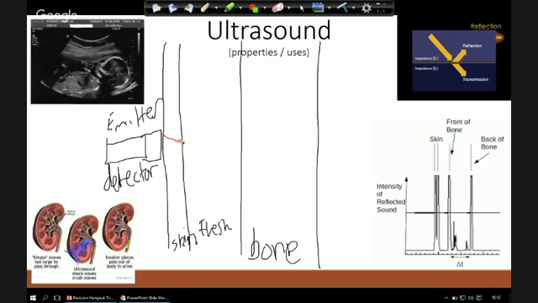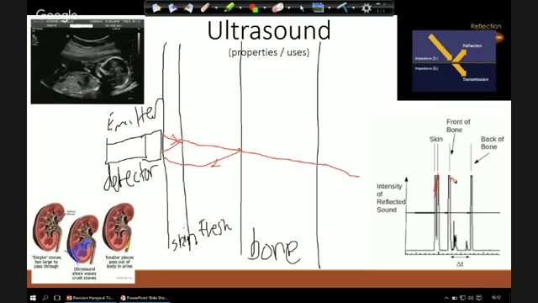The beam will pass all the way through all of the materials, but at each interface, there will be a small amount of reflection. So that will go back to the detector, and that will give us our first peak here. Okay, it will pass through into the flesh and will rebound up here. Excuse my bad drawing.